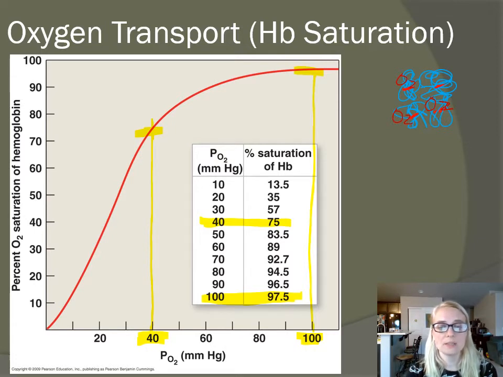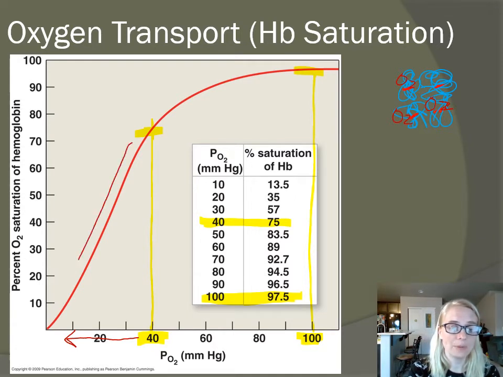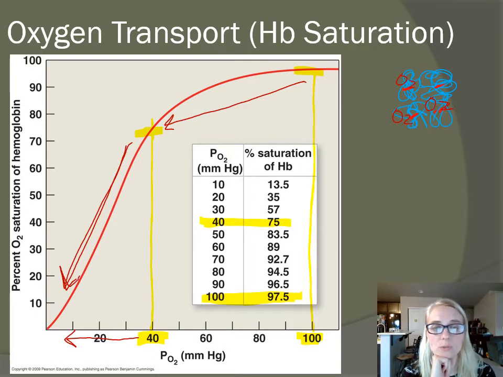So this is what we're dealing with on a normal basis. Now, when you start getting lower, heading in this direction, and your partial pressure of oxygen decreases, look at how rapidly that saturation curve drops off. Here, our slope is gradual, compared to below 40, where our slope is way steeper. That is the chemical property of hemoglobin itself.